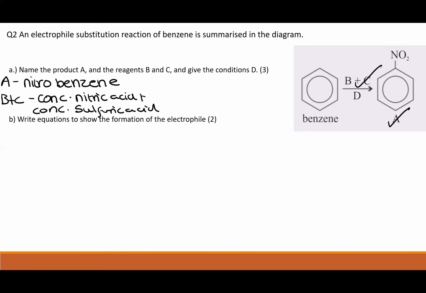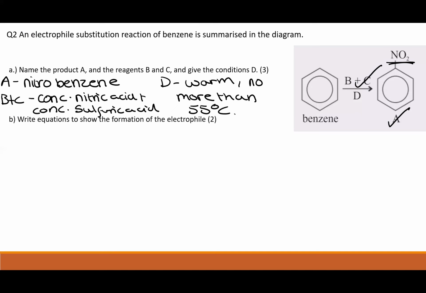And finally, it wants us to say what the conditions are. It needs to be warm, and because we've only got one nitro group added on, so it's mononitration, it needs to be no more than 55 degrees Celsius.